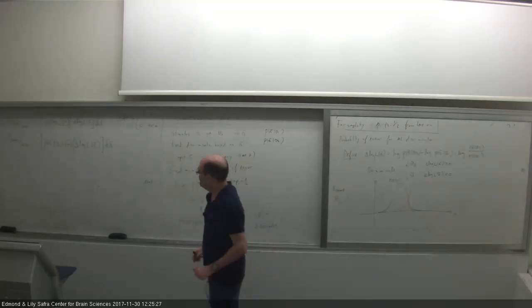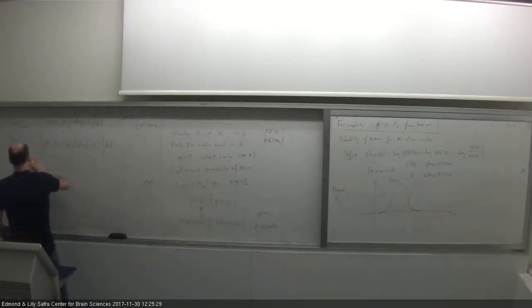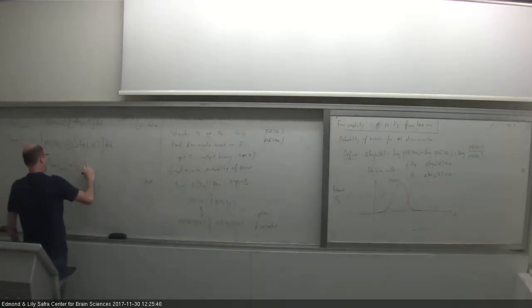And the total probability of error will be half times P error given theta equals theta 1 plus half times P error given theta equals theta 2.